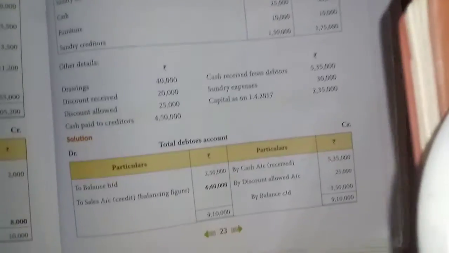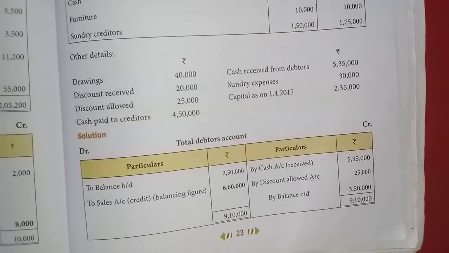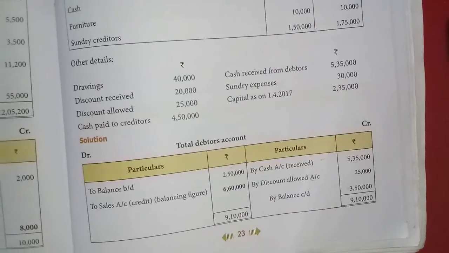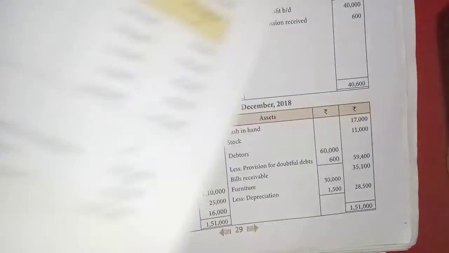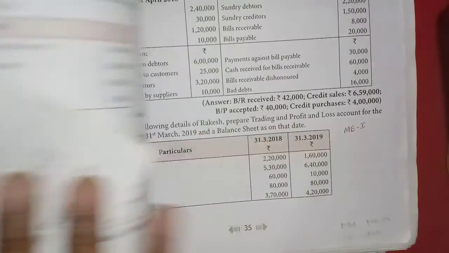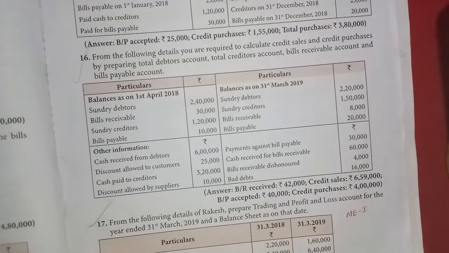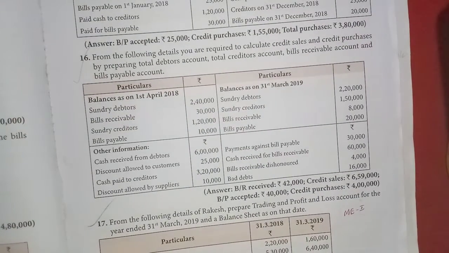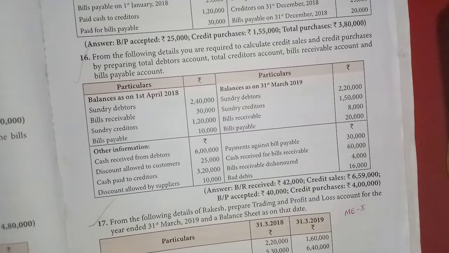Okay, now we will do the 16th exercise. From the following details, you are required to calculate credit sales and credit purchases by preparing the total debtors account, total creditors account, bills receivable account and bills payable account.